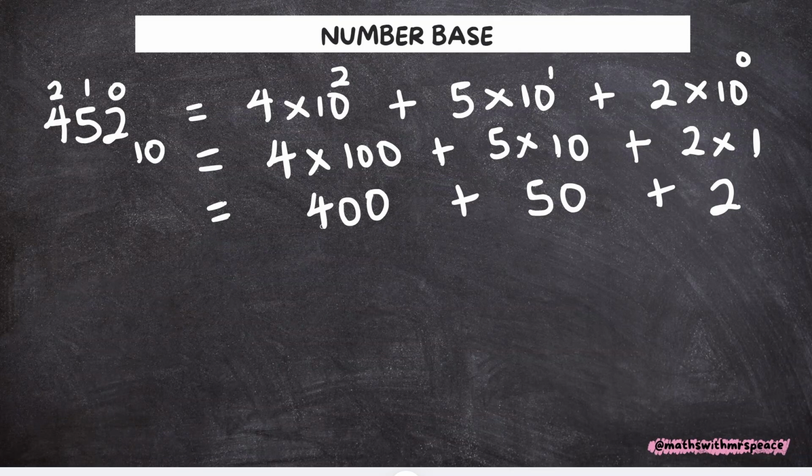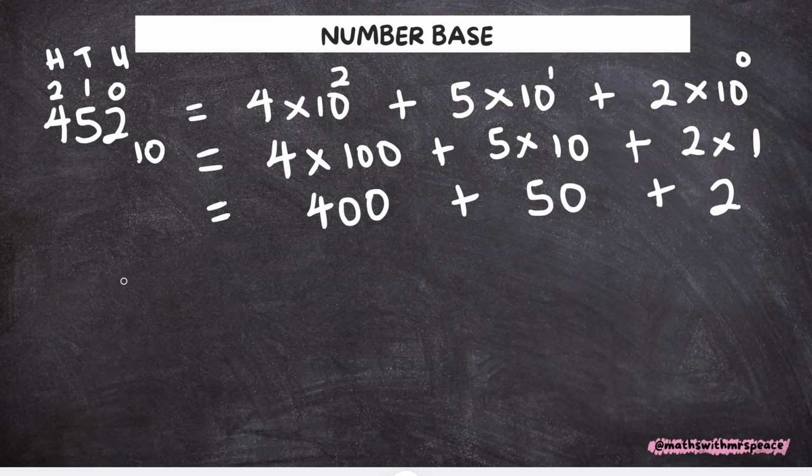And this explains why when we talk about place value, you have 400 here, indicating that the value of 4 here is 100. You have 50 here, which is 5 tens, indicating that the value of 5 in this number is tens. And you have 2 here, so that's 2 ones, which means the place value of 2 here is unit. So this explains how the number base determines the value of a number.